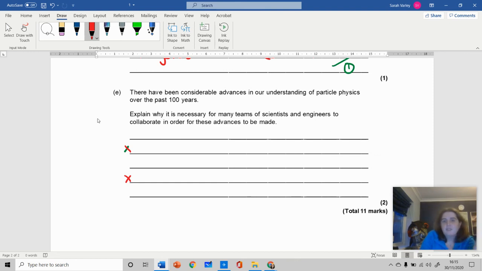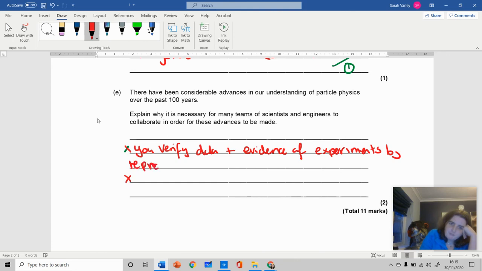With more scientists and engineers collaborating, you can verify data and evidence of experiments by reproducing them in other laboratories.